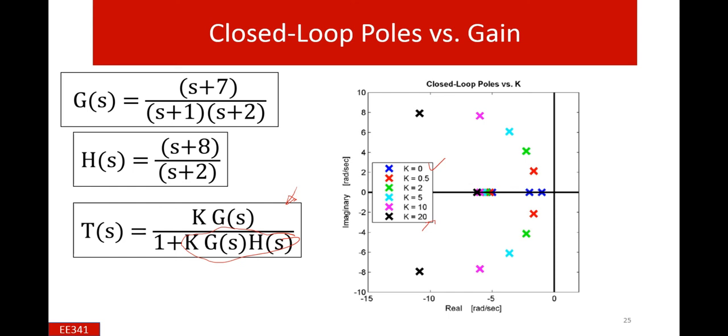If we change the value from 0 to 0.5, then these poles are lying in the complex plane, and as we further increase the value of k, the locations of the poles change accordingly.